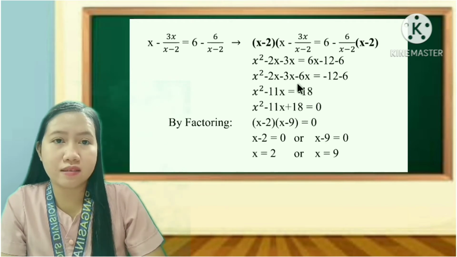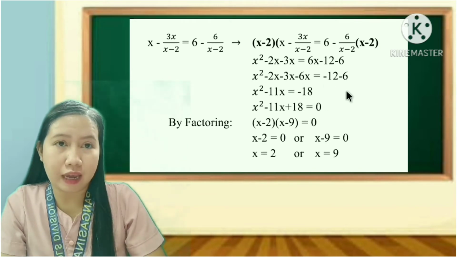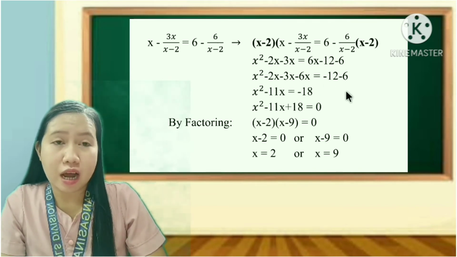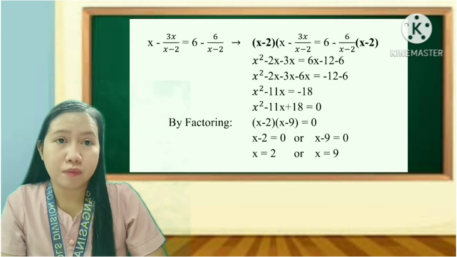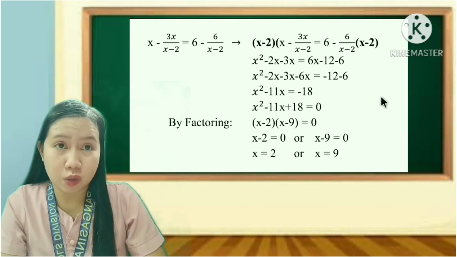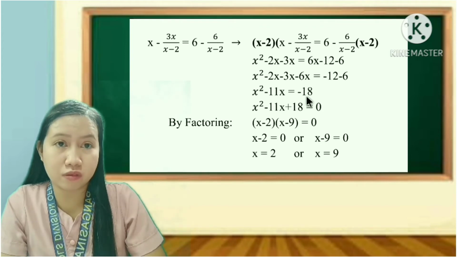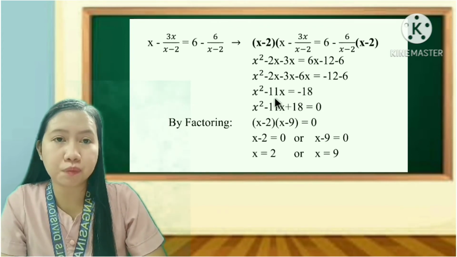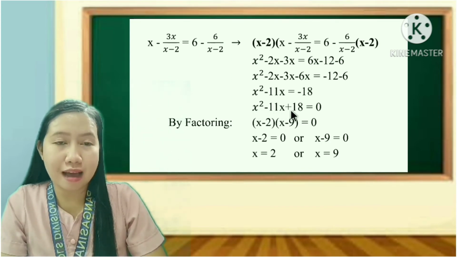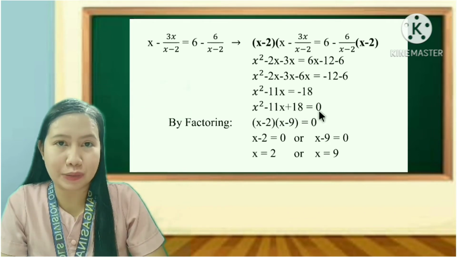And now, since negative 18 is on the right side, which is in our standard form, the right side will be 0. We just have to transpose this negative 18 to the left side. From negative, it will become positive. So our standard equation now is x squared minus 11x plus 18 is equal to 0.